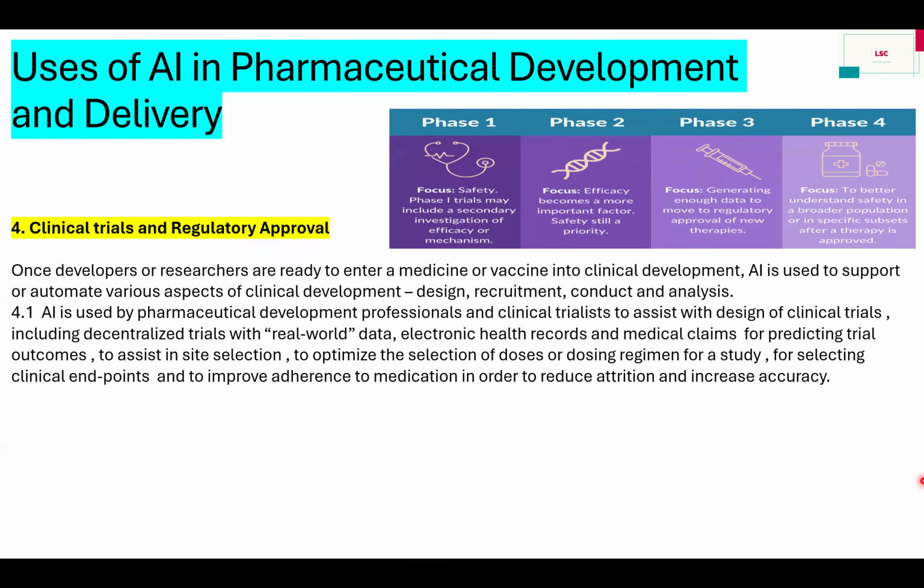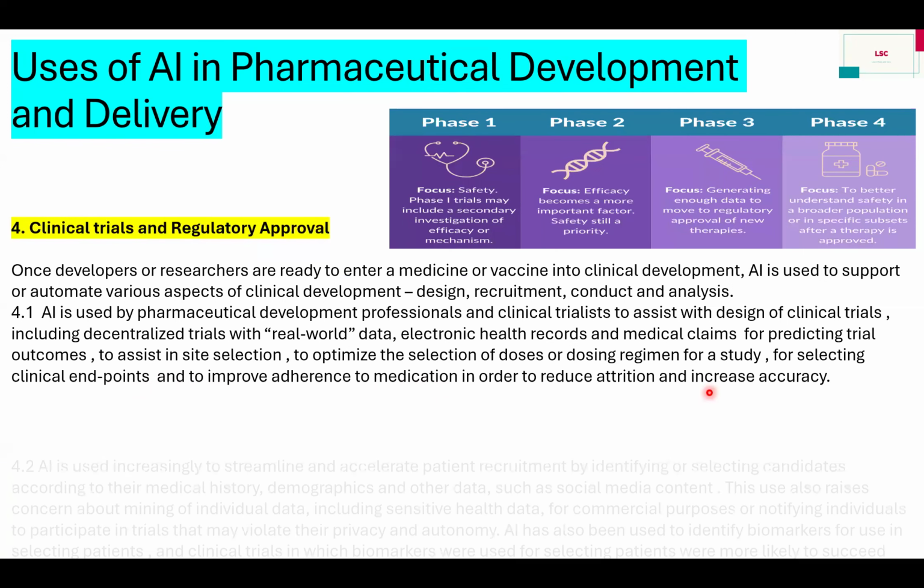AI is used by pharmaceutical development professionals in clinical trials to assist with the design of clinical trials, including decentralized trials with real-world data, electronic health records, and medical claims for predicting trial outcomes, to assist in site selection, to optimize the selection of doses or dosing design for a study, for selecting clinical endpoints, and to improve adherence to medication in order to reduce attrition and increase accuracy.